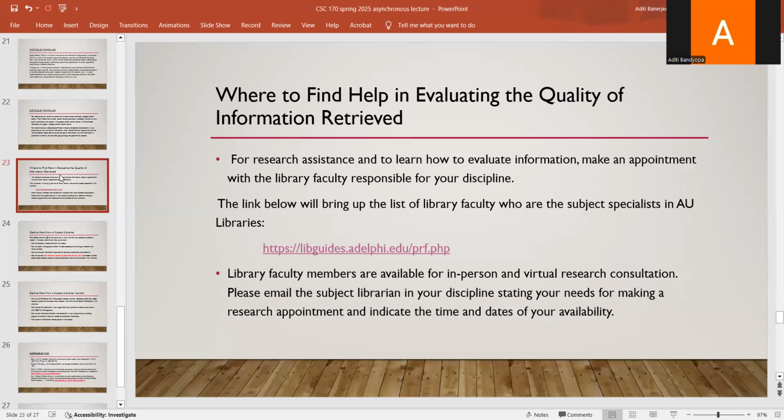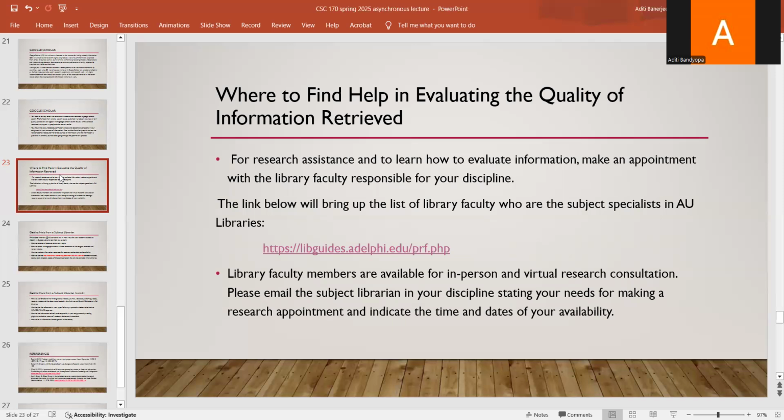Now, the question is, where do you find help in evaluating the quality of information that you intend to use in your assignments? Here is some information. For research assistance and to learn how to evaluate information, make an appointment with the library faculty responsible for your discipline.